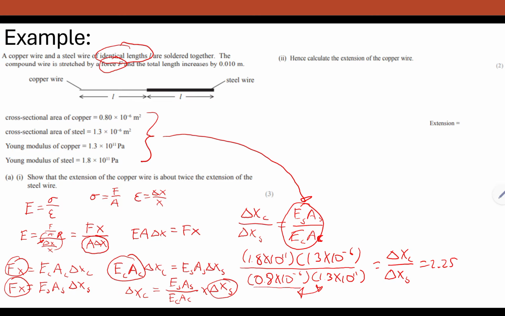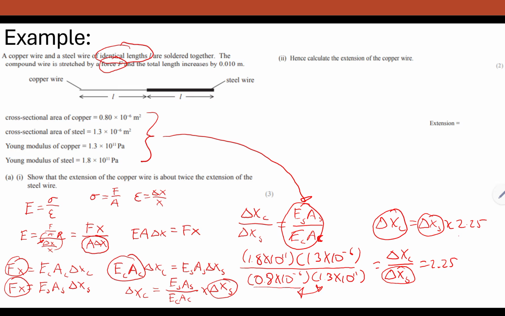So now we make the change in x_C the subject. We can see that the change in x_C equals the change in x_S multiplied by 2.25, as we times both sides by change in x_S. So the extension of the copper wire is 2.25 times the extension of the steel wire.